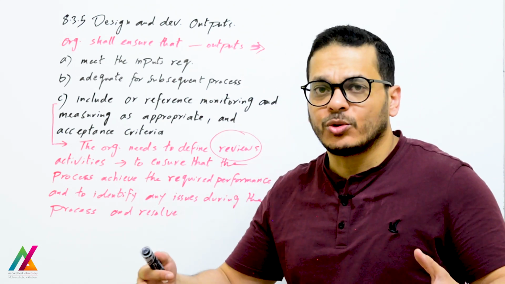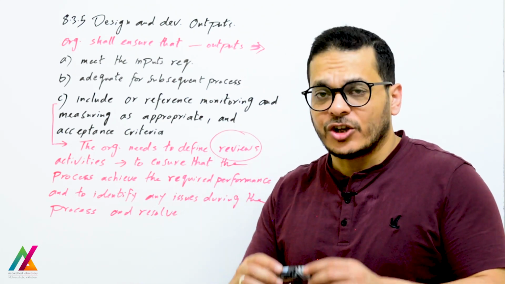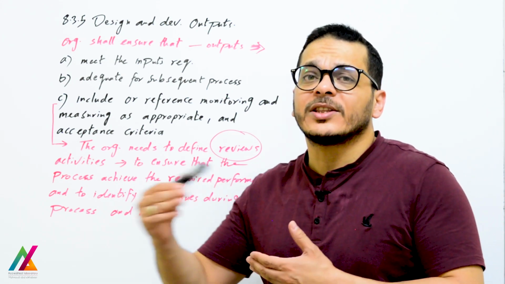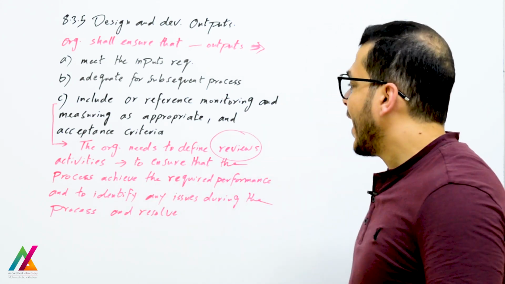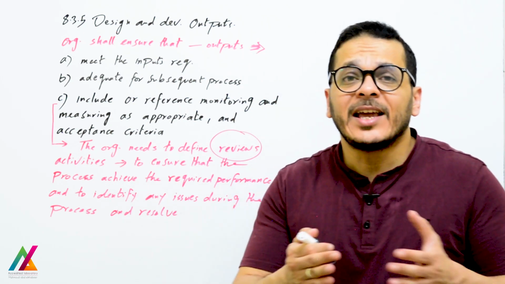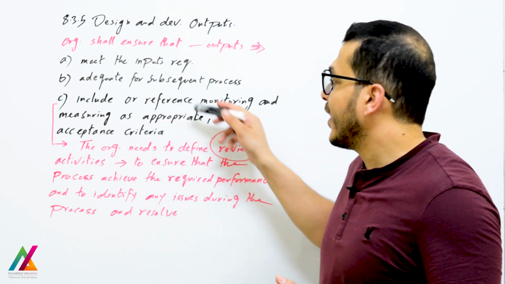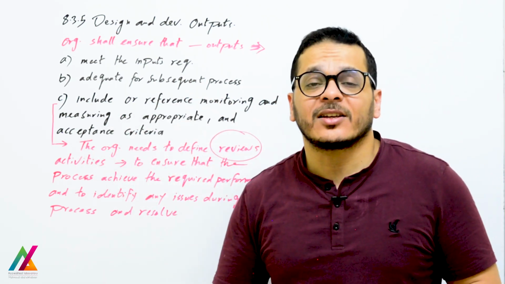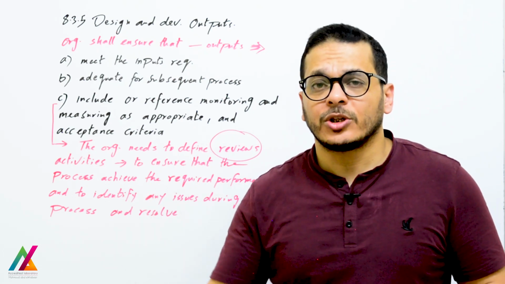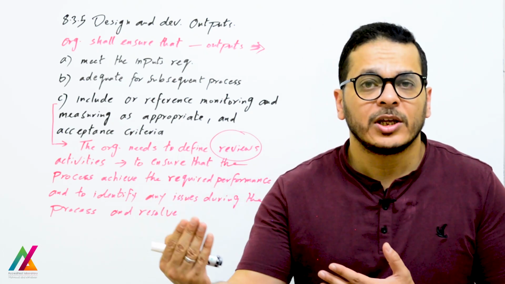If there is any issue during the whole process, as I mentioned before, it shall be resolved before the final product. And also at the end, through validation, that will be easy. Through validation, there should be some acceptance criteria to accept this product or service before sending it to the customer.